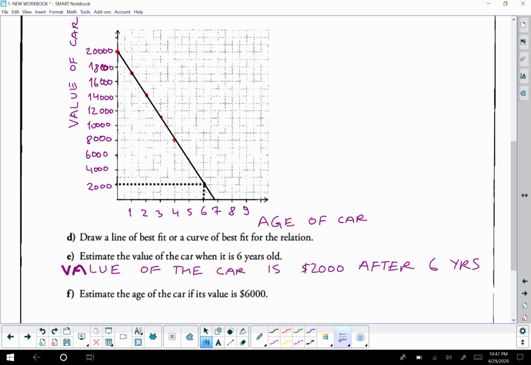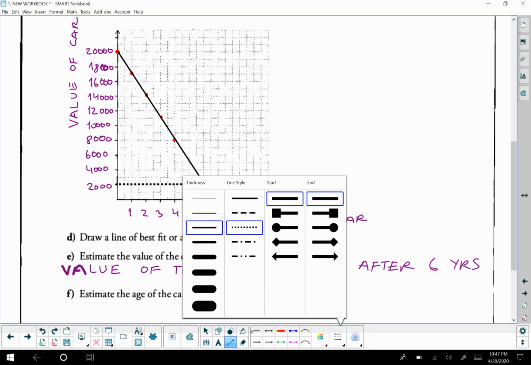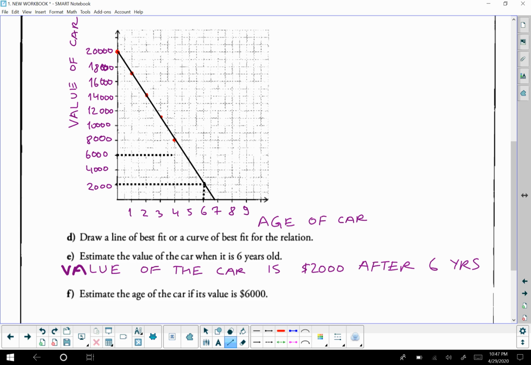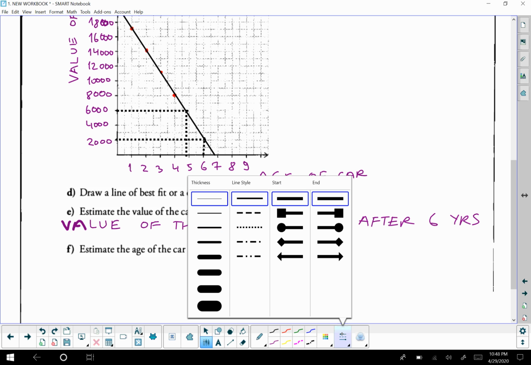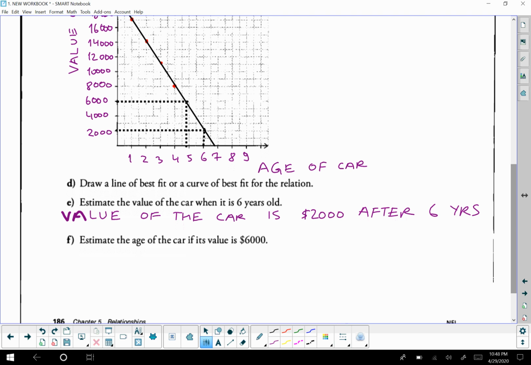Same thing, same process. Starting at 6,000 over and going kind of down here. Because my graph is not the best thing, the answer for this one is 4.8 years, maybe.